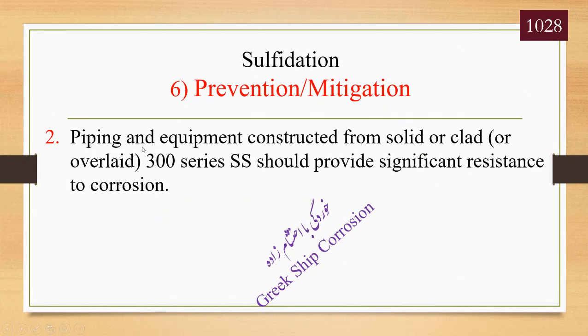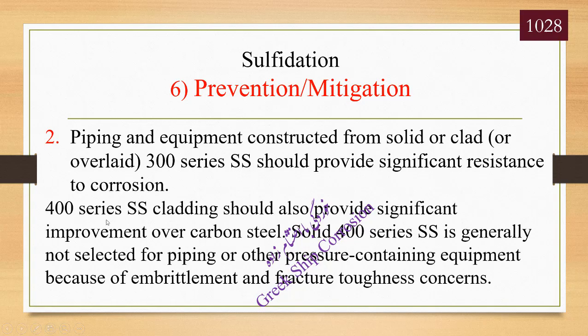Piping and equipment constructed from solid or clad or overlaid 300 series stainless steel should provide significant resistance to corrosion. 400 series stainless steel cladding should also provide significant improvement over carbon steel. Solid 400 series stainless steel is generally not selected for piping or other pressure containing equipment because of embrittlement and fracture toughness concerns.